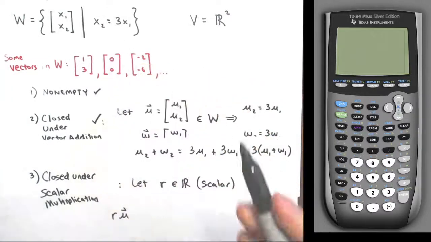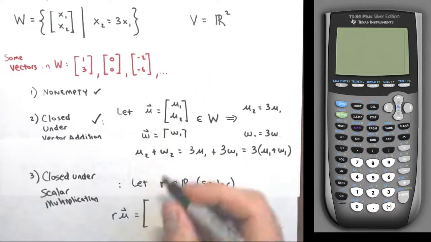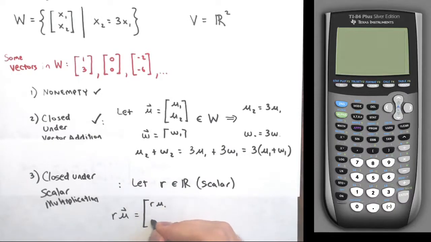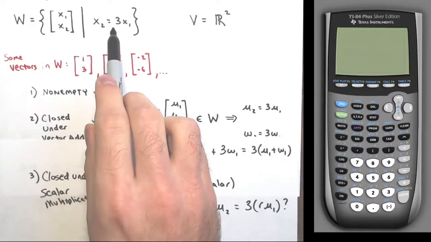Well, what is r times u? r times u would be ru1 for the first component and ru2 for the second component. And then the same thing as I asked before, does this belong to W? The question is, is the second component, ru2, equal to 3 times the first component? Does it satisfy that condition from the set W?